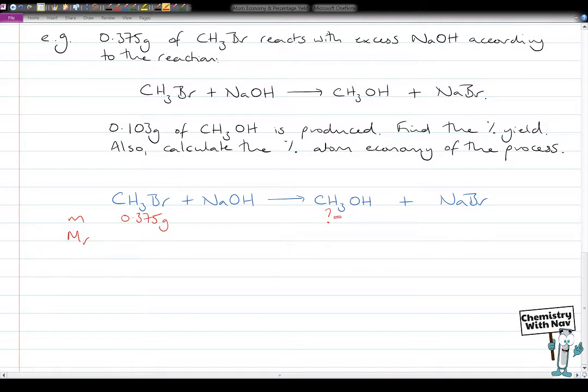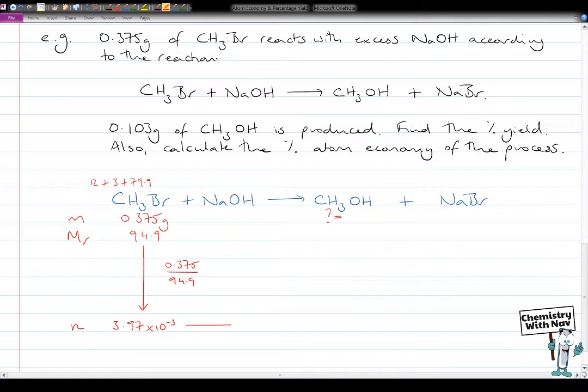The Mr of CH3Br is going to be 12 plus 3 plus 79.9, and that ends up as 94.9. Now, we need to come down to moles, and moles is equal to mass over Mr, so it's 0.375 over 94.9, gives me 3.97 times 10 to the minus 3 moles.